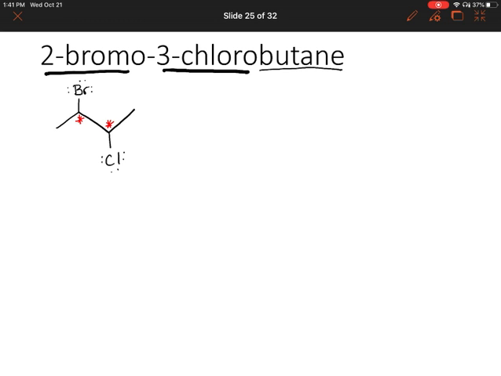Well, since it has 2 stereocenters, I would assume it is chiral. Now, one reason why it might not be chiral is if it's a meso compound, so it has a plane of symmetry. This one doesn't have a plane of symmetry because we have a bromine and a chlorine, and they're different, so this would be a chiral molecule.